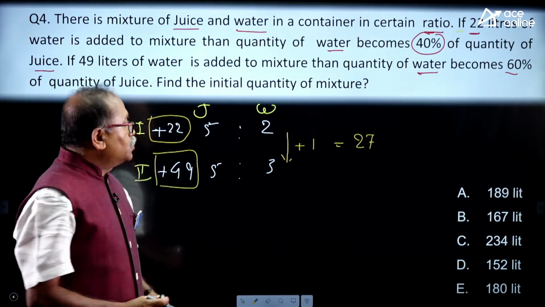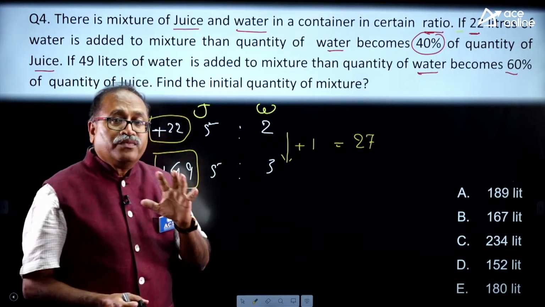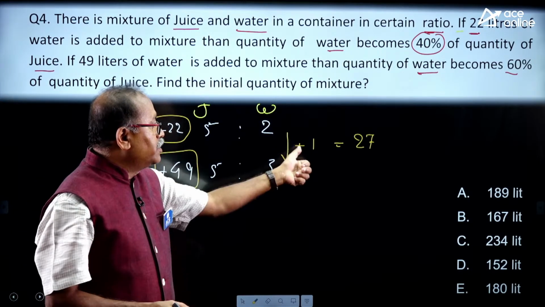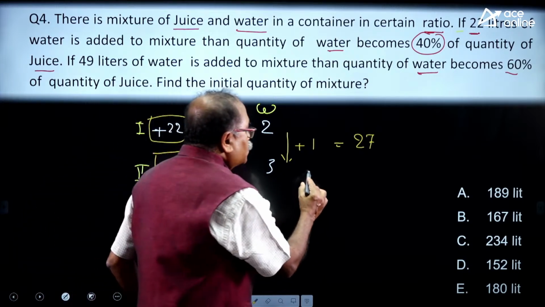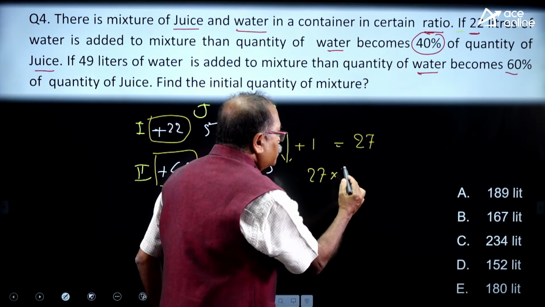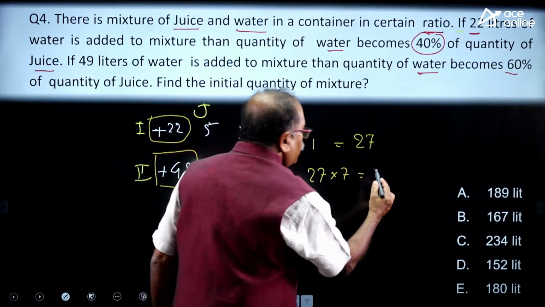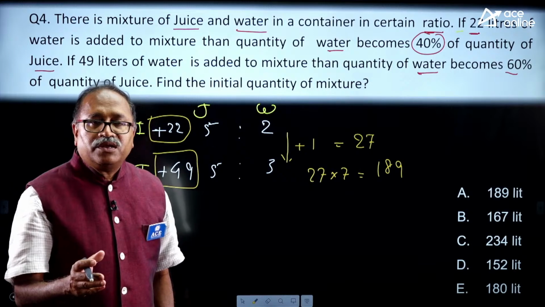That's right. So what was the initial mixture? That is 5 plus 2, 7 parts. Can I find out that 7 parts? When 1 part is 27, then what are the 7 parts? 7 parts will be 27 into 7, and what we get over here is 189. So can I say my answer is 189?